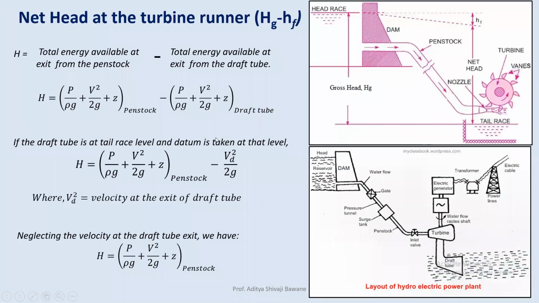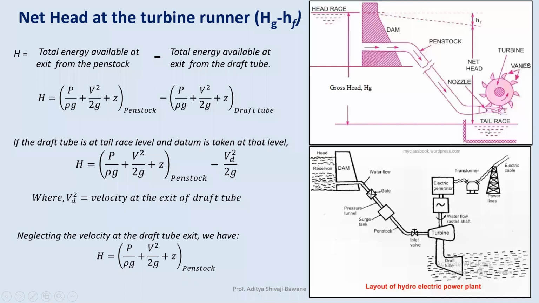The next topic is net head at the turbine runner. This is the headrace level up to which water is stored, and this is the tailrace level where water is discharged. So water is stored and discharged through the draft tube.